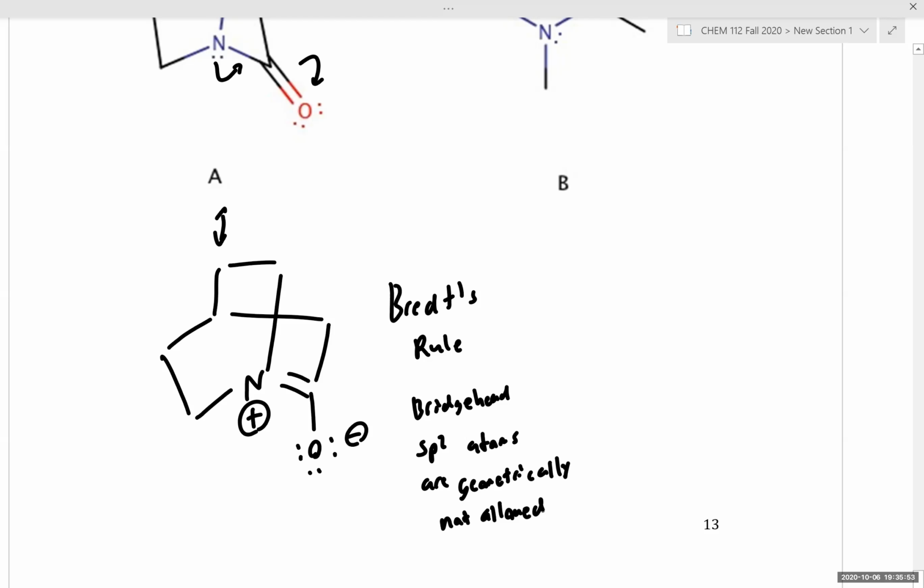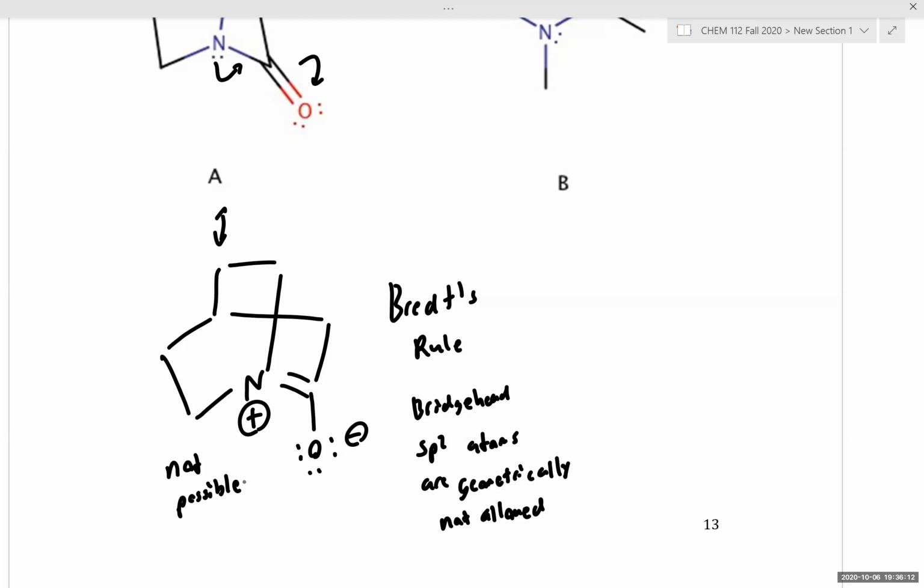It would introduce too much angular strain in your molecule. This does not exist. This is not possible. You're not able to have a bridgehead sp2 nitrogen in this size of a ring.